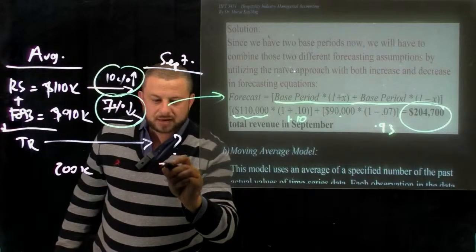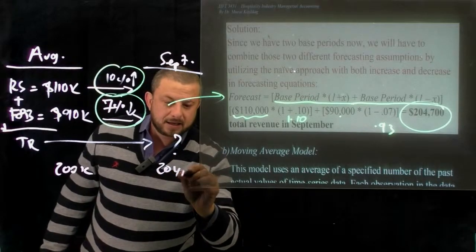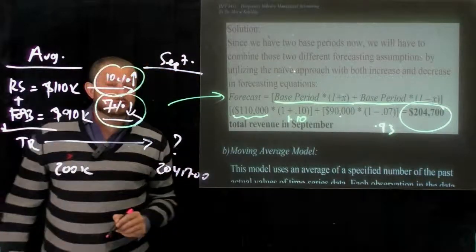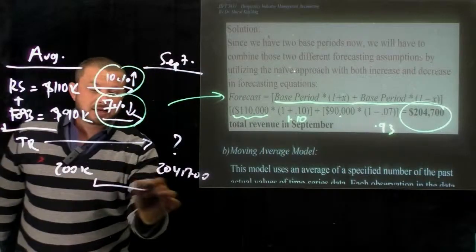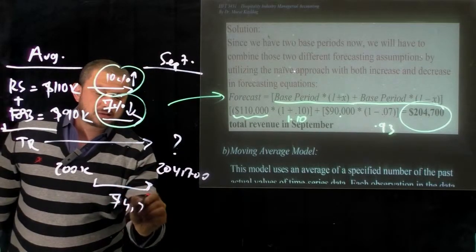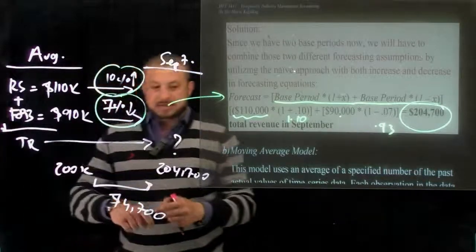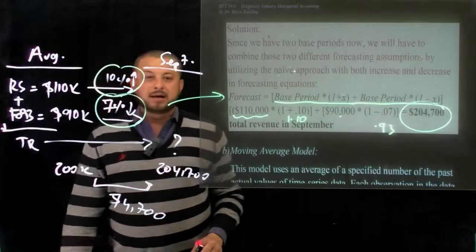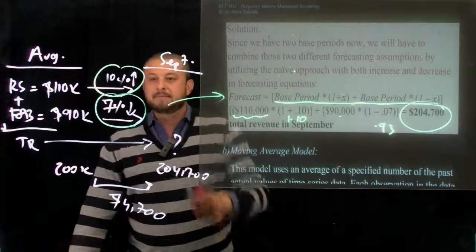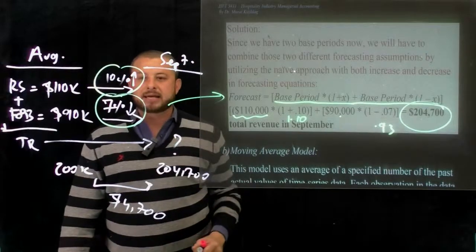With this forecast, I will have 204,700 forecasted total revenue in September. Clearly, there is an increase of $4,700 in my forecasting. Therefore, the Gordon Hotel is expecting this increase based on these two different forecasting assumptions, guys.